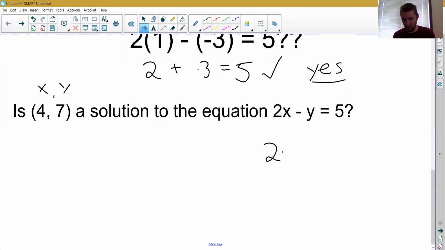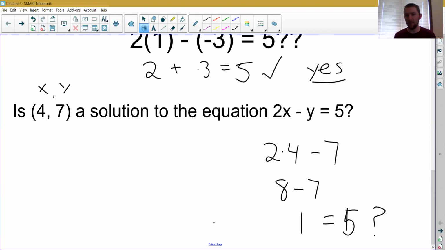So we end up with 2 times 4 minus 7. 2 times 4 is 8. 8 minus 7, that's 1. So the equation now says 1 is equal to 5. Is 1 equal to 5? No, this is not true. So the answer here is no. (4, 7) is not a solution to this equation.